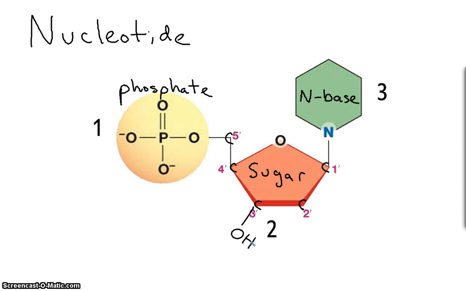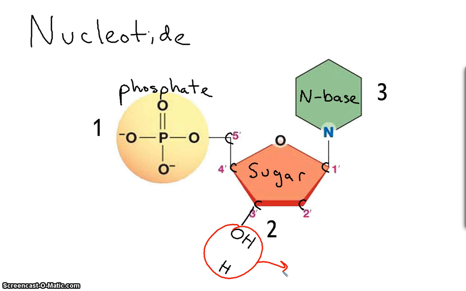That's going to be very important, because what do we know about OH groups? Well, if there is another H available, they can form a condensation reaction, and we can form a linkage. In this case, it's a phosphodiester bond. So this 3' carbon with the OH is going to allow us to link these nucleotides together into a polymer of nucleic acid.